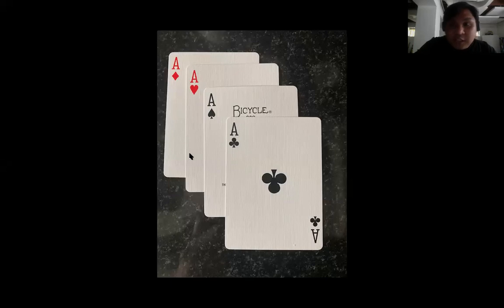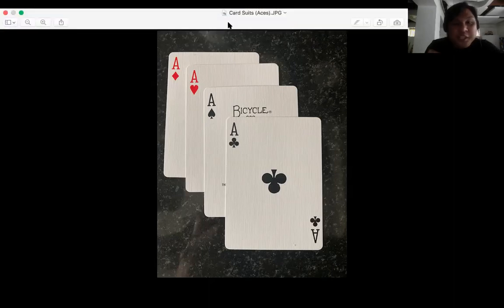Notice the diamonds and the hearts are red colored cards. This is, of course, usual. The spades and the clubs are black colored cards. This is how you see the suits. Now, as I mentioned, we're going to switch again to the main example.